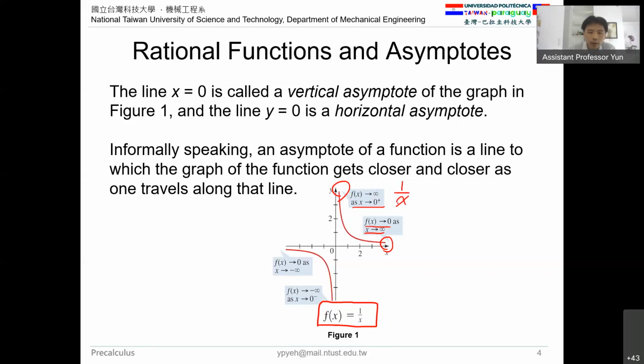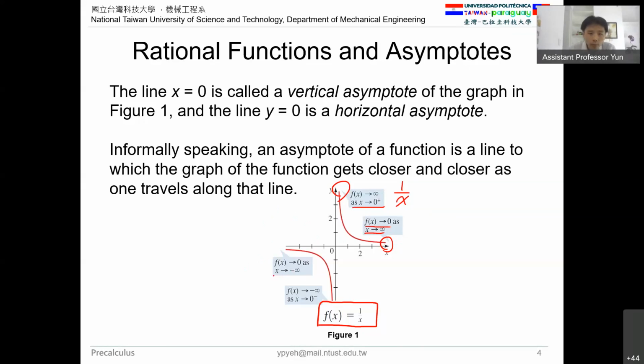I think, to put it simply, from this function you can easily understand why f of x will approach infinity and approach zero when x approaches zero from the positive side and x approaches infinity. Okay, and also the same from the negative part here.